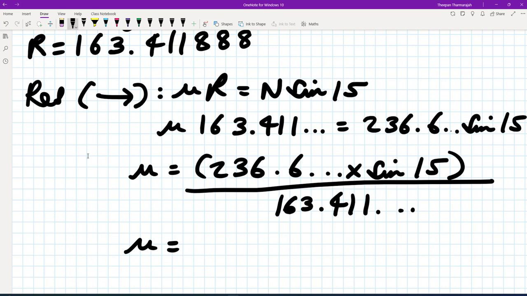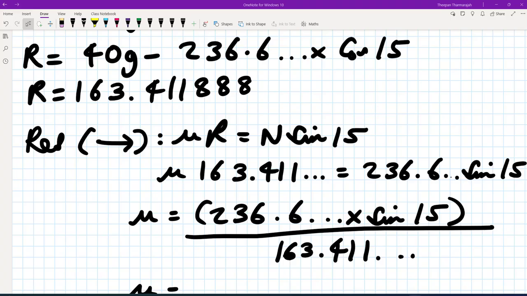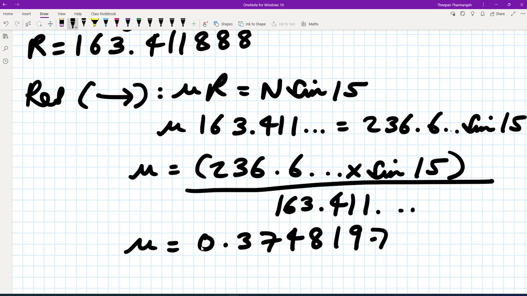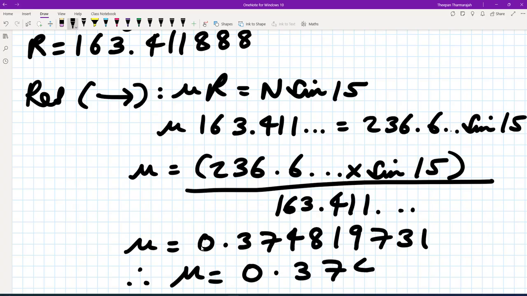So on my calculator, it gives me the following value, 0.374819731. Therefore, mu is 0.375, correct to 3 significant figures.